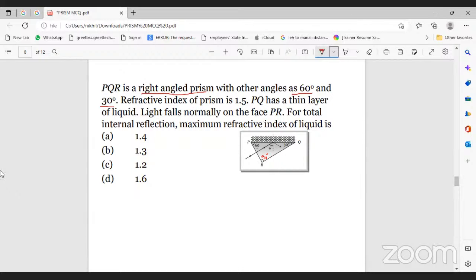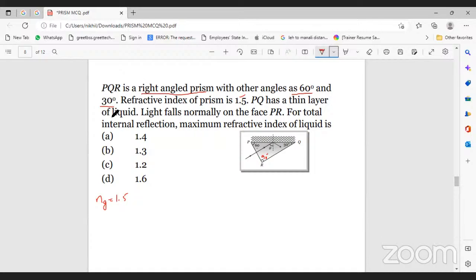What is the refractive index of the prism? 1.5. Shall we take that as glass? The prism is made up of glass, let us say 1.5.